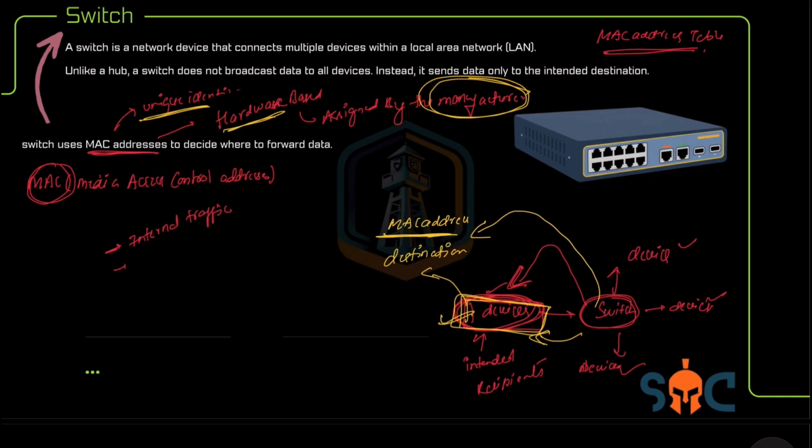Attackers often abuse switches during lateral movement, and the common attack types are ARP spoofing and MAC flooding. SOC analysts should analyze the logs related to the switch and analyze the alerts to detect suspicious internal behavior. Okay, that is a switch.